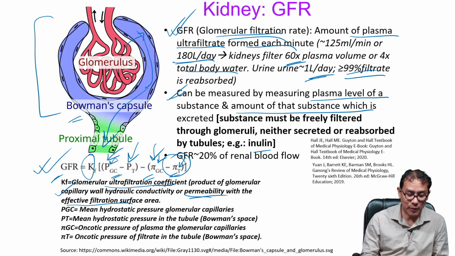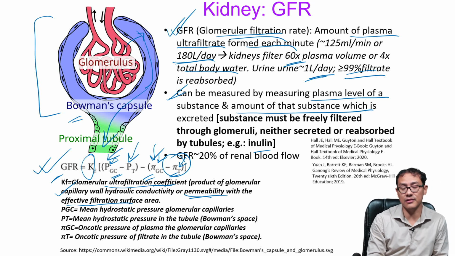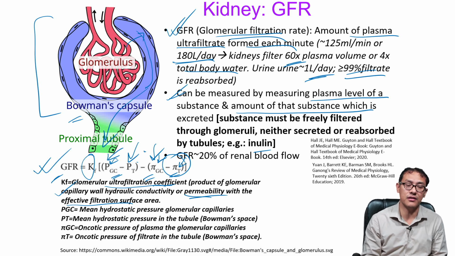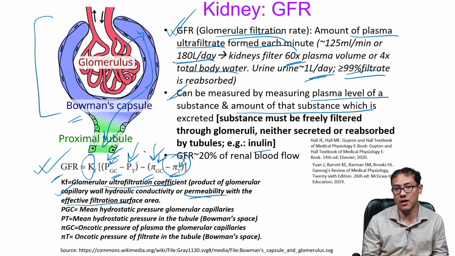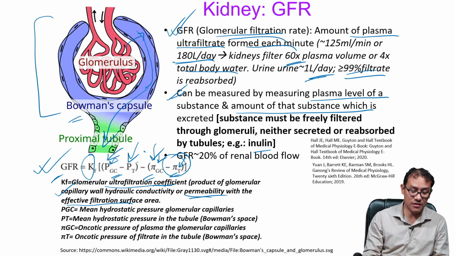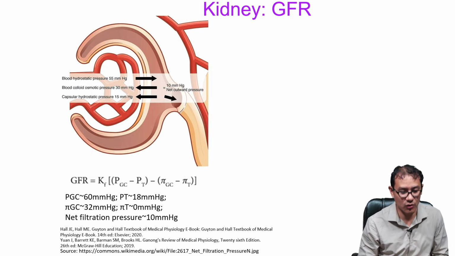So basically three things are important. The first one is the hydrostatic pressure in the glomerular capillary, the hydrostatic pressure in the tubules, that is the Bowman space, and the oncotic pressure of the plasma in the glomerular capillary. So these are the important determining factors, considering the glomerular ultrafiltration coefficient remains constant. So this one has to understand.